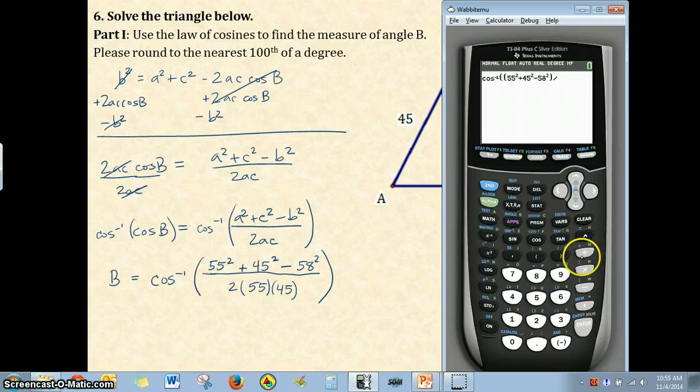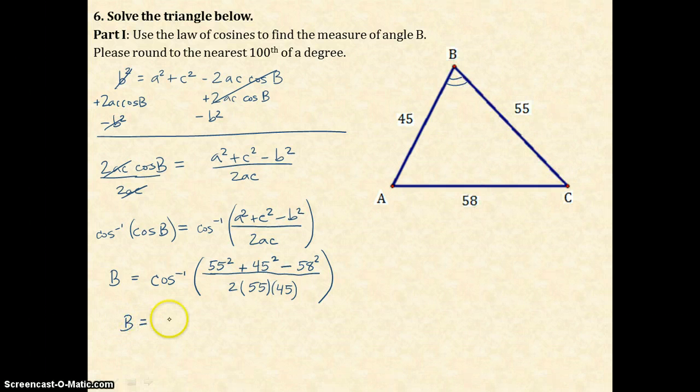Divide by, open parentheses for all the stuff on the bottom. 2 times 55 times 45. Close the bottom, and then close the inverse cosine. And I get 70.09. So angle B is 70.09 degrees.